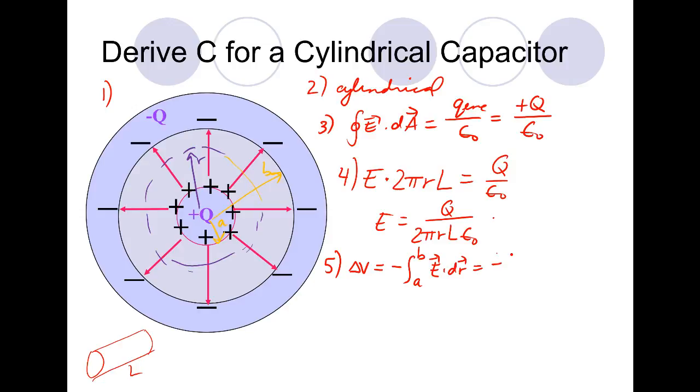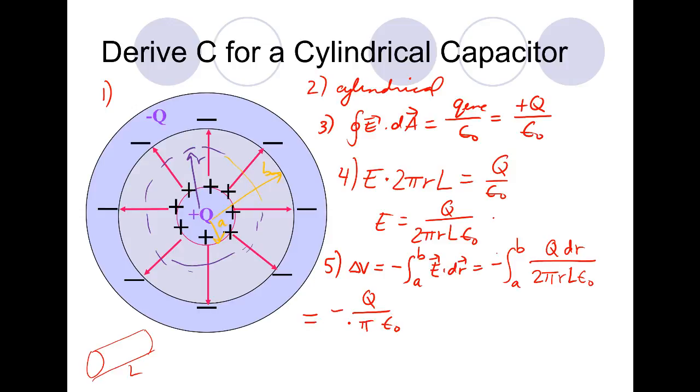So we're going to plug in our field, so integral from A to B of Q dr over 2 pi r L epsilon naught. And we're just going to rewrite that a little bit. We'll take out the Q and the 2 pi L epsilon naught.